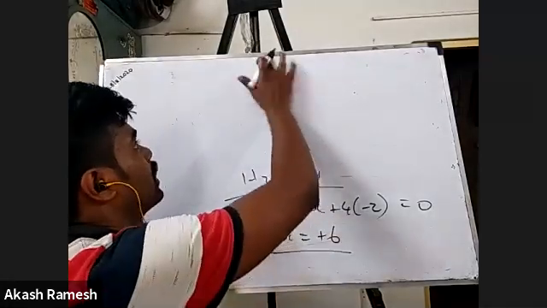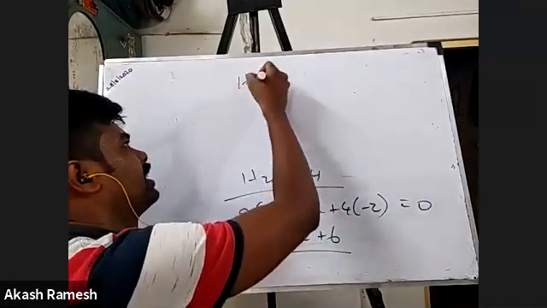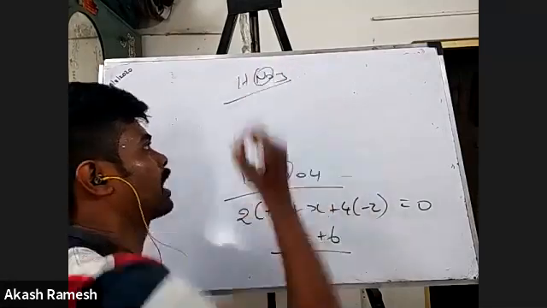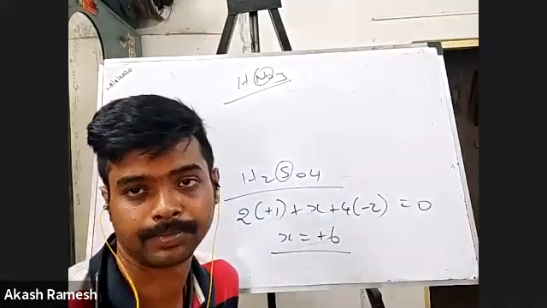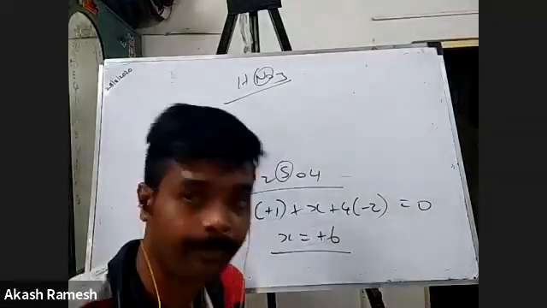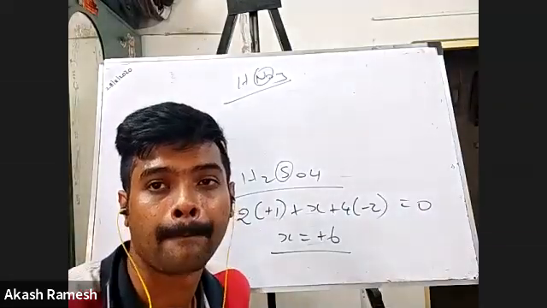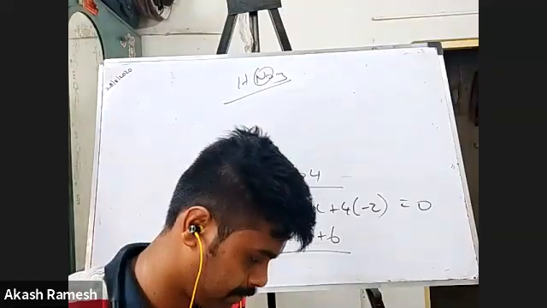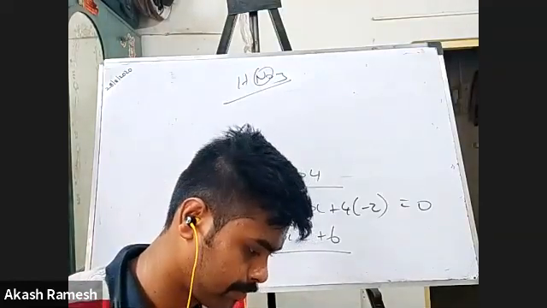Next, I'll take HNO3. I want to calculate for nitrogen. Can you calculate? Five, sir. Yes, it is going to be 5.